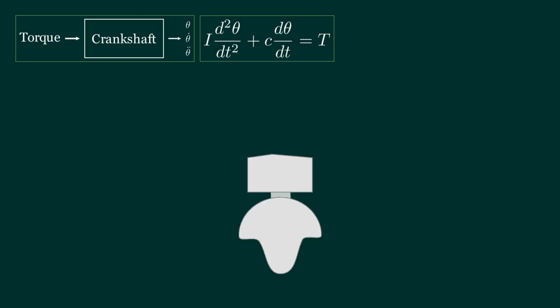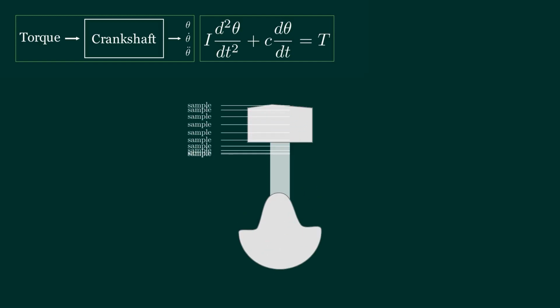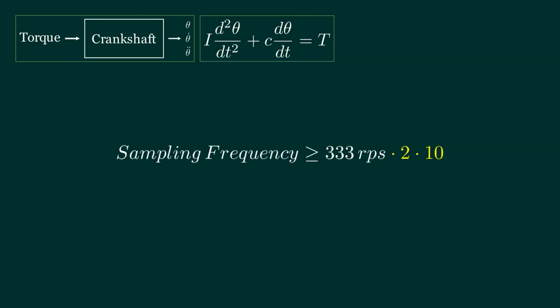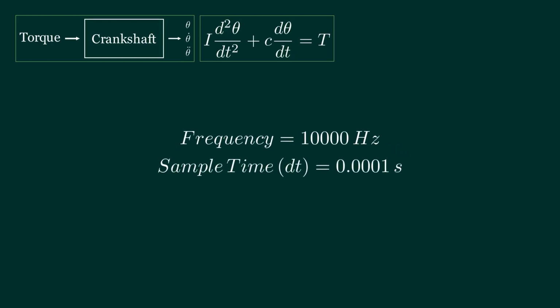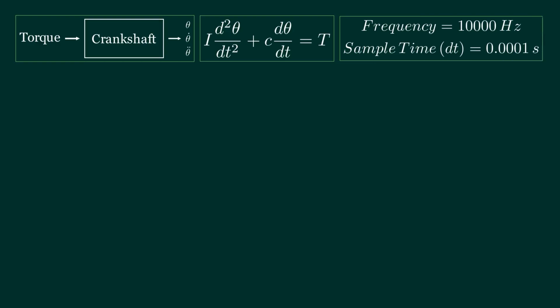To make it smoother and more accurate, we want to sample at least 10 times, like that. That's why we multiply by 2 and 10. So we can see that we need at least 6666 Hz to run a proper model at 20,000 RPM. To make it even more reliable, we select the frequency as 10,000 Hz, or a sample time of 0.0001 seconds.